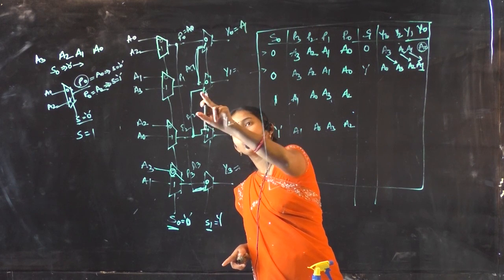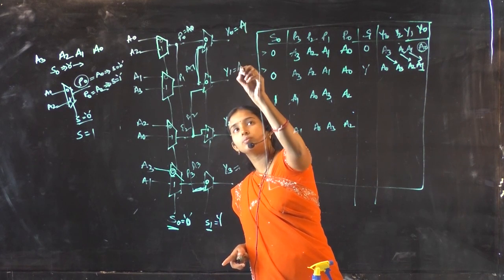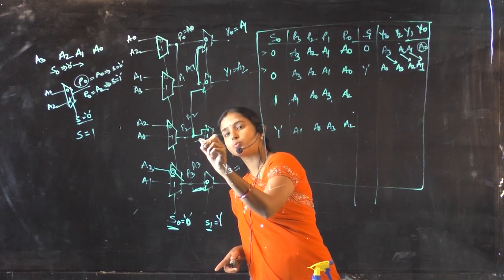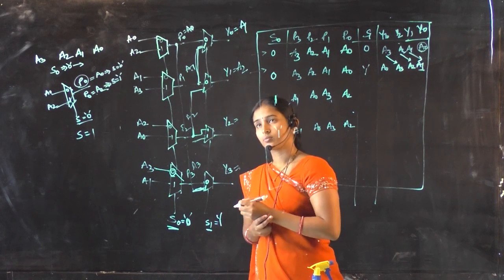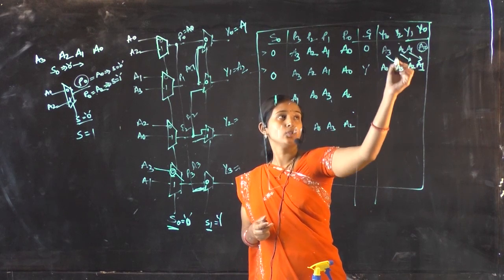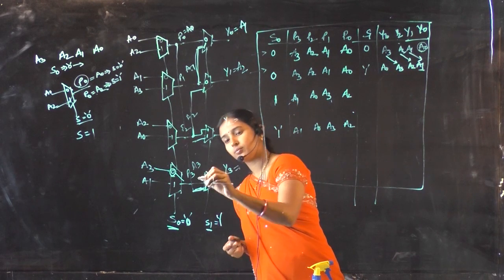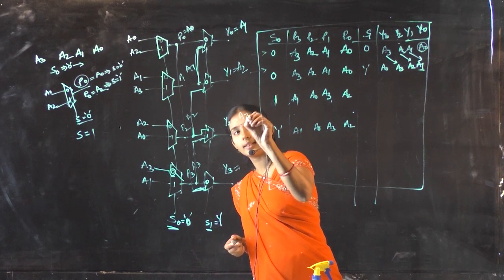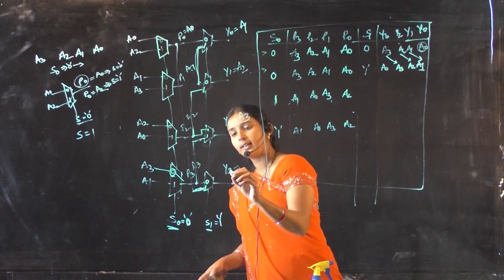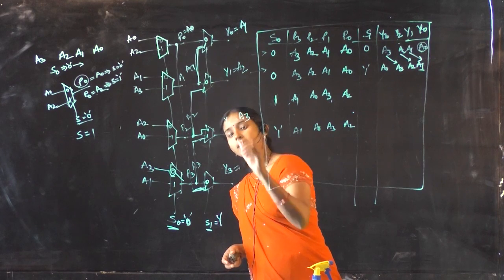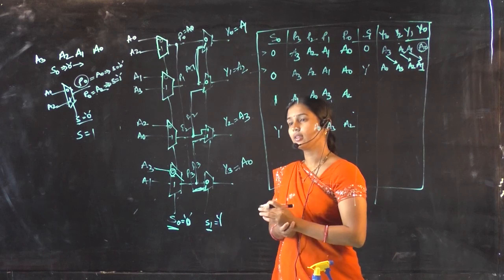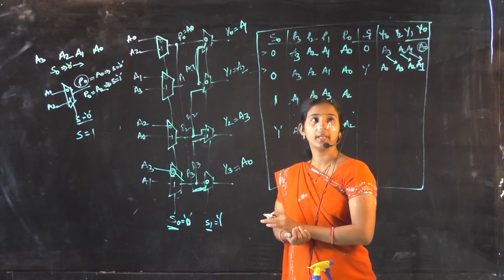At Y1, the data available is A2. At Y2 it should be A3, and at Y3 it is connected to A0. So this is your internal circuitry.